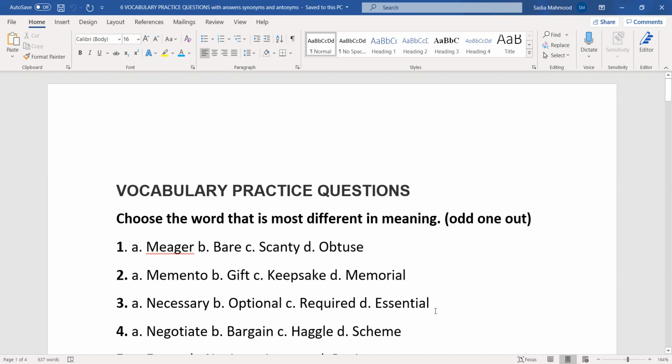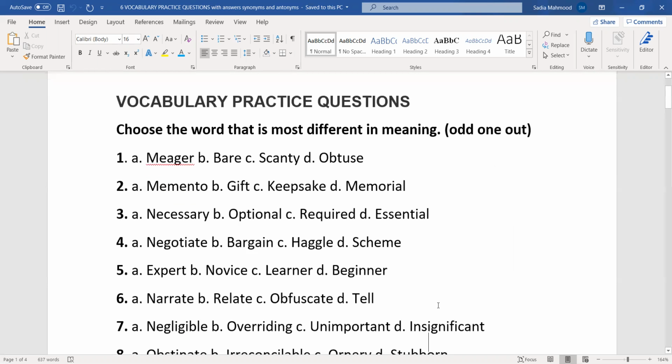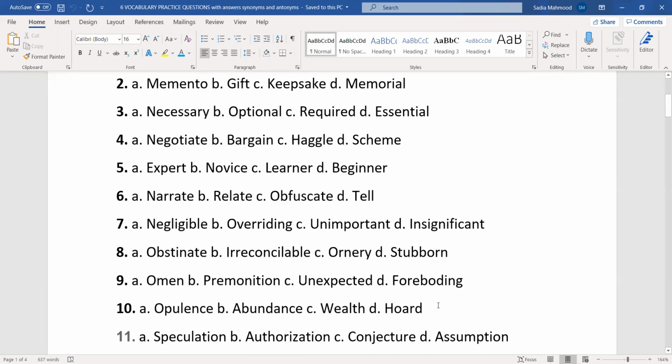Option D is essential. Let us proceed to question number 4. Option A is negotiate. Option B is bargain. Option C is haggle. Option D is scheme.